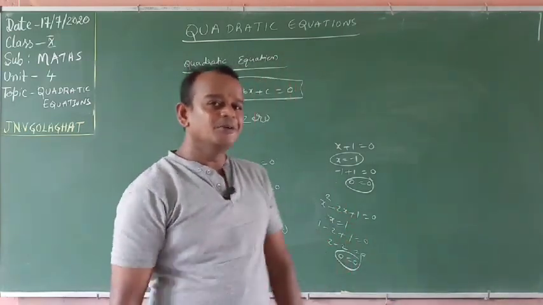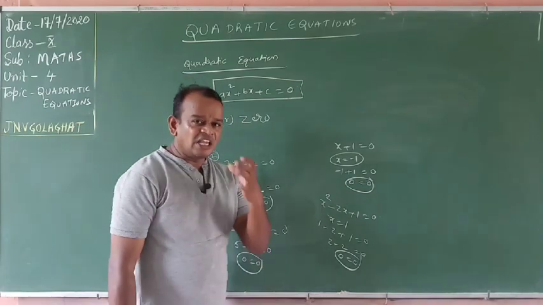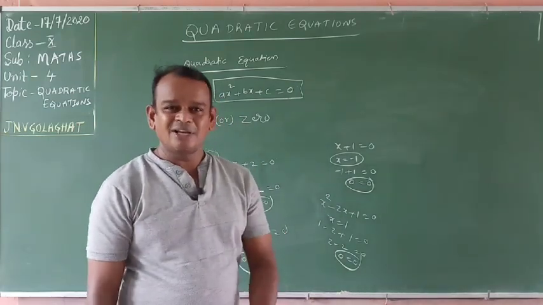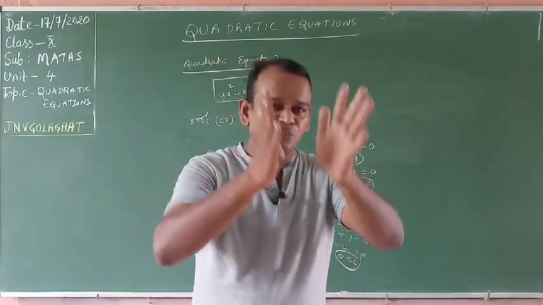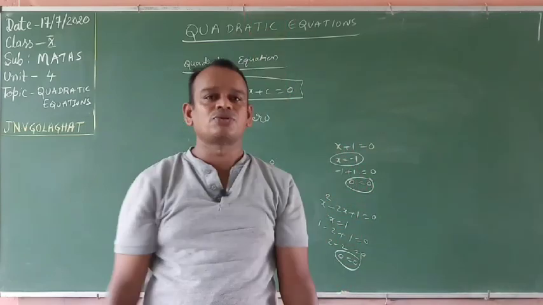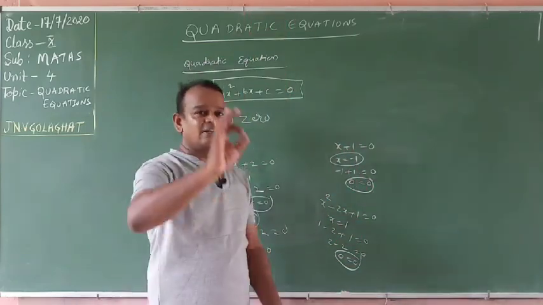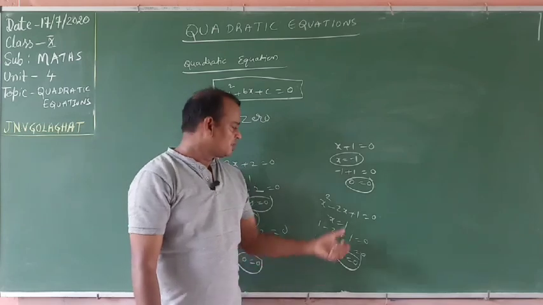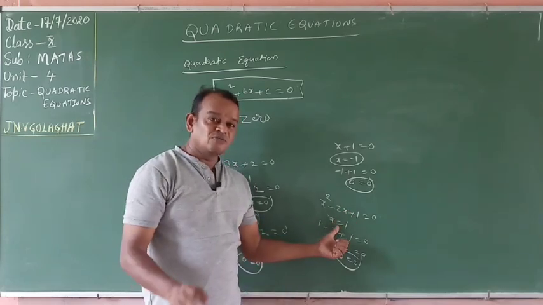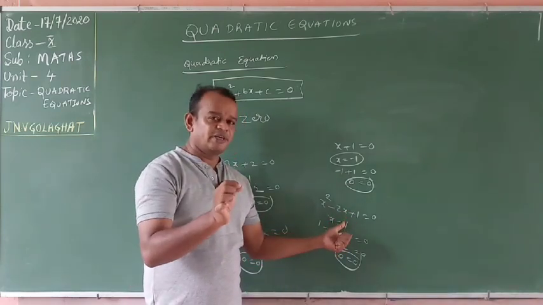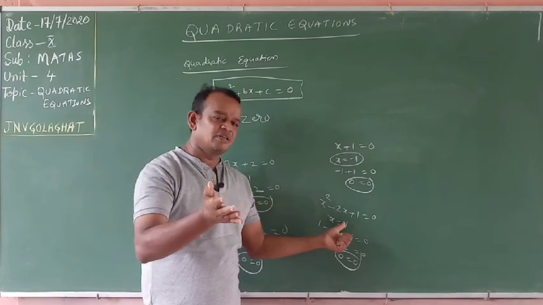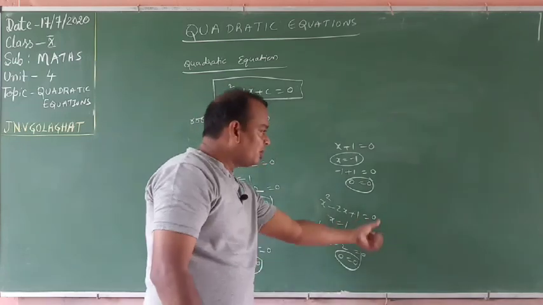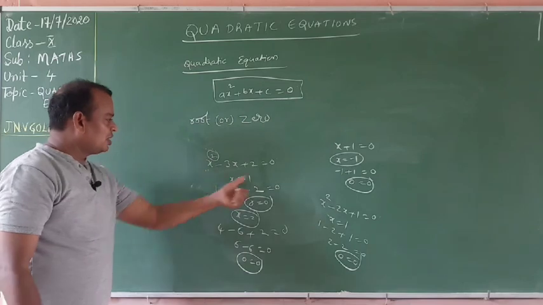That is why I am telling you the quadratic equation or quadratic polynomial has at most 2 zeros or 2 roots, not exactly 2. Observe that in this one, x is equal to 1, only 1 satisfied; the remaining real numbers do not satisfy this polynomial. Observe that this is the quadratic equation.